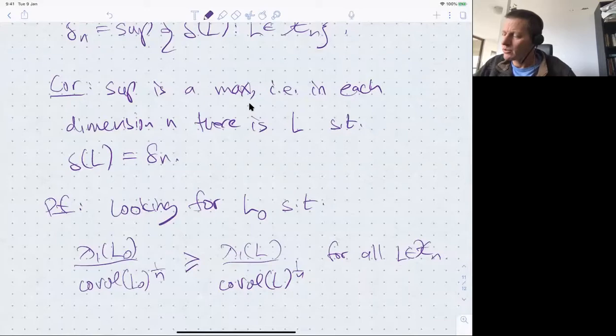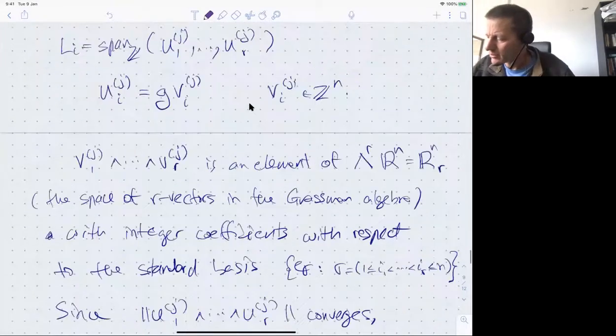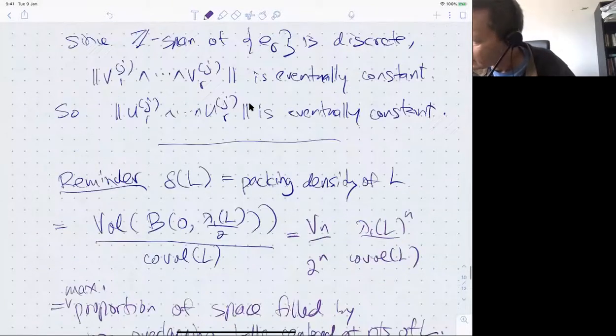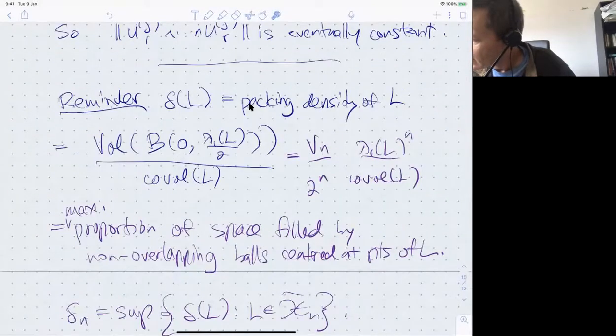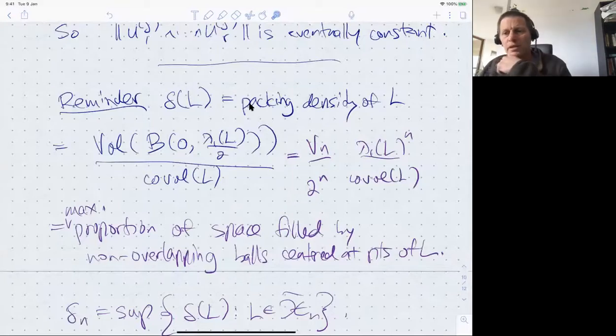If I want to maximize the packing density, that's just this formula here. I'm trying to maximize this quantity over the space of lattices. This is a constant depending on our dimension.